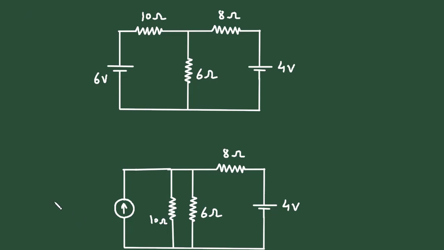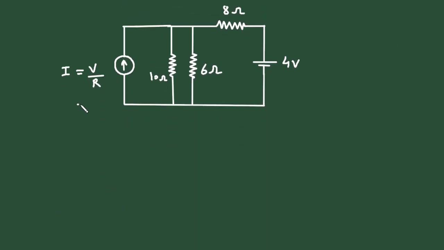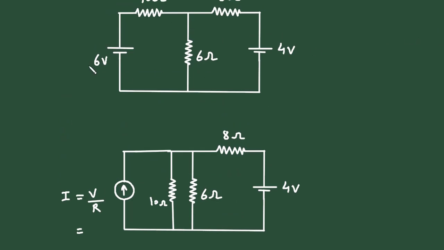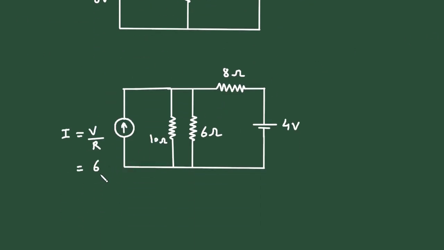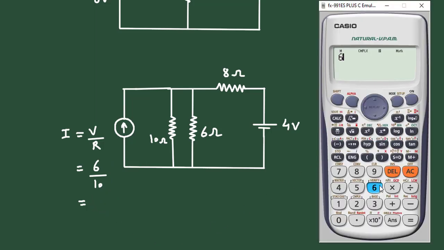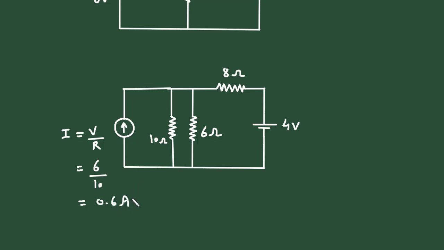Now its value will be I is equal to V upon R. So the value of voltage is 6 volt divided by resistance value 10 ohm. So 6 divided by 10 is 0.6. So it is 0.6 ampere.